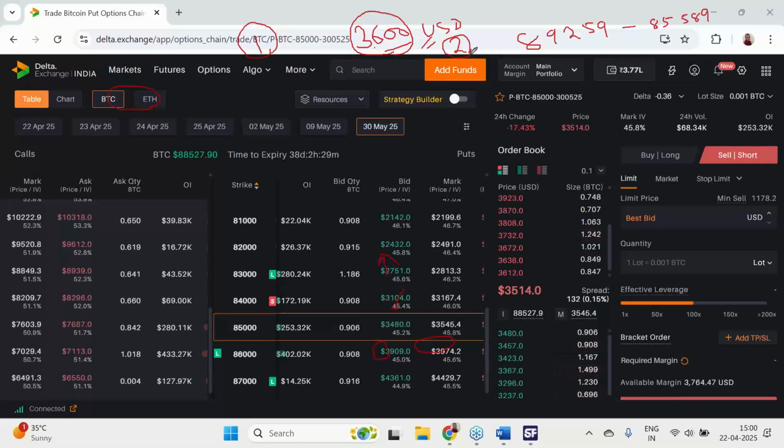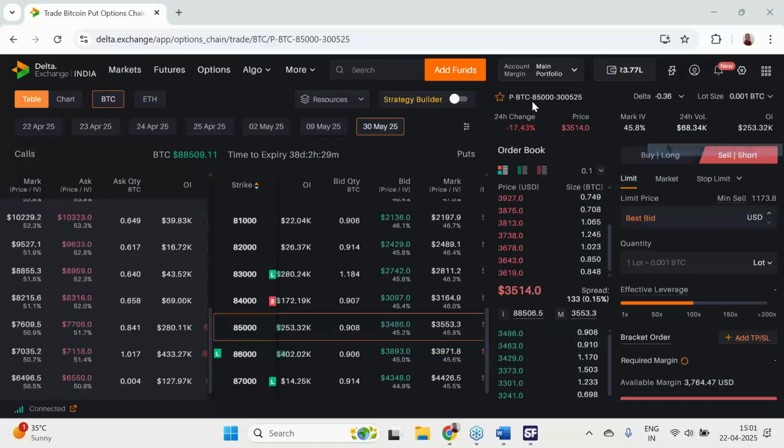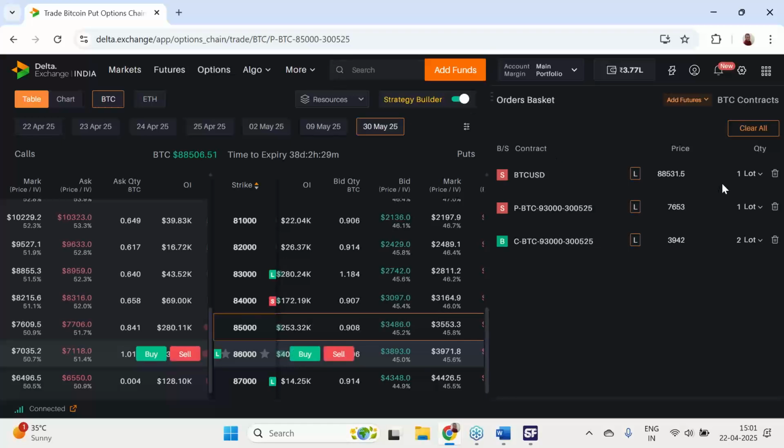There the delta capture technique comes into focus, where instead of one put option you will be buying two put options, however your risk will be limited to 3,600 USD. Only there does delta capture come into the picture. We have found these trend points and we are more convinced towards the downward trend, so let us construct the strategy, how it will look and how we will keep things.